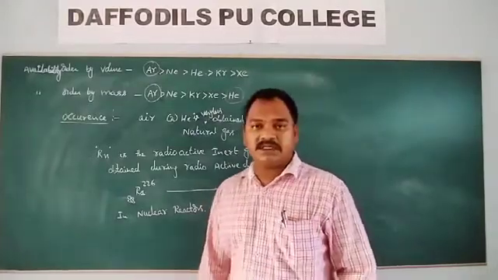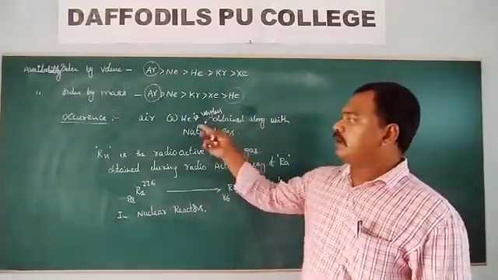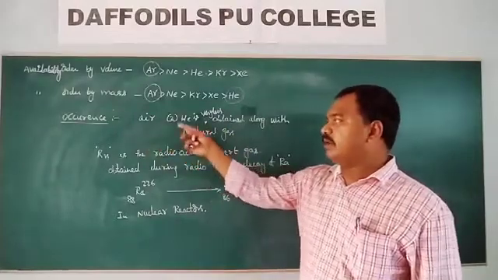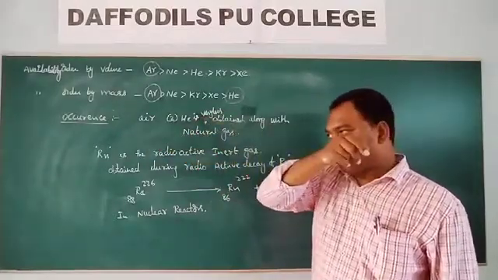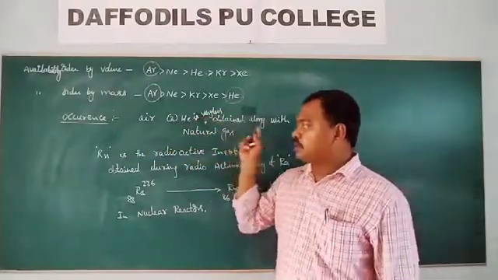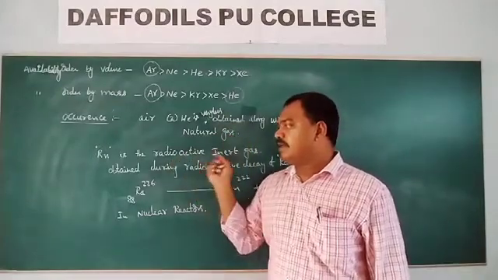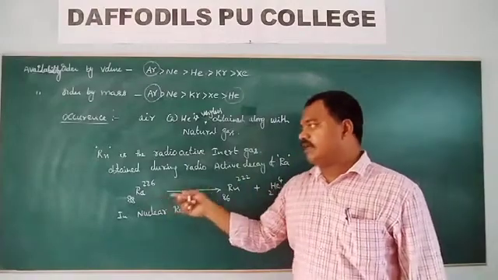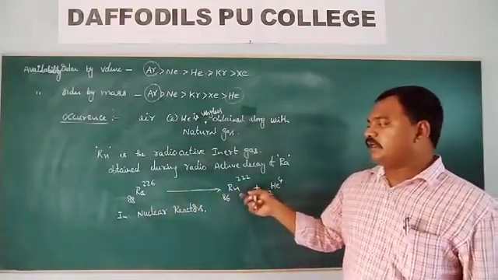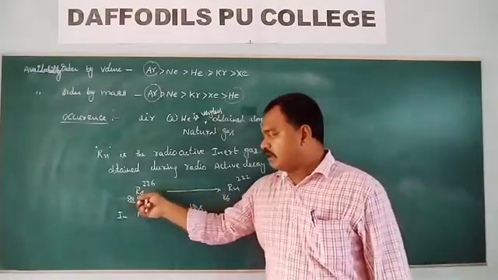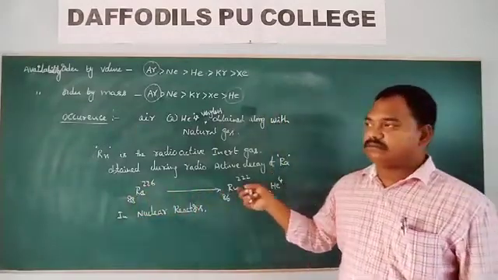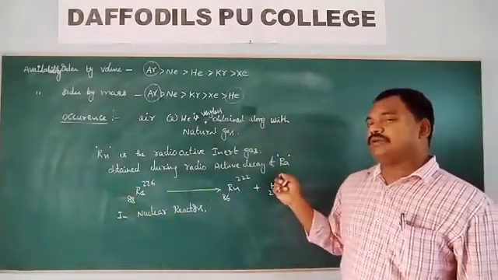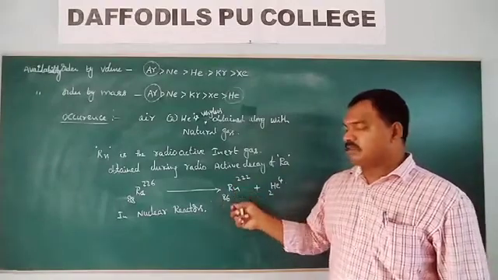All these inert gases are available in the atmosphere, and can also be obtained from natural gases. Radon is a radioactive inert gas, obtained when radium undergoes radioactive decay.